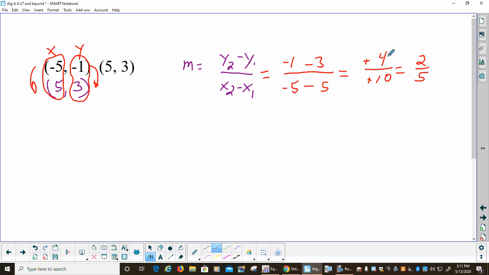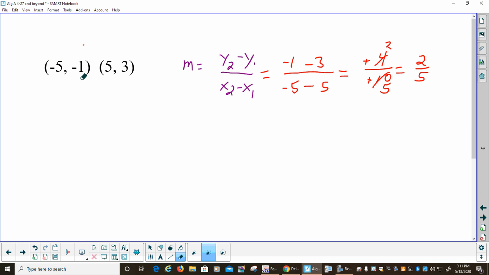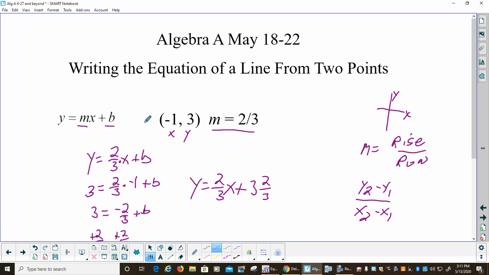Now how did I do that? I could see that each of these are divisible by 2, which gave me the 2/5. Now, back to this. If you need to flip it back to the previous screen, what you guys did is when you had a point and a slope, that's the process you went through.